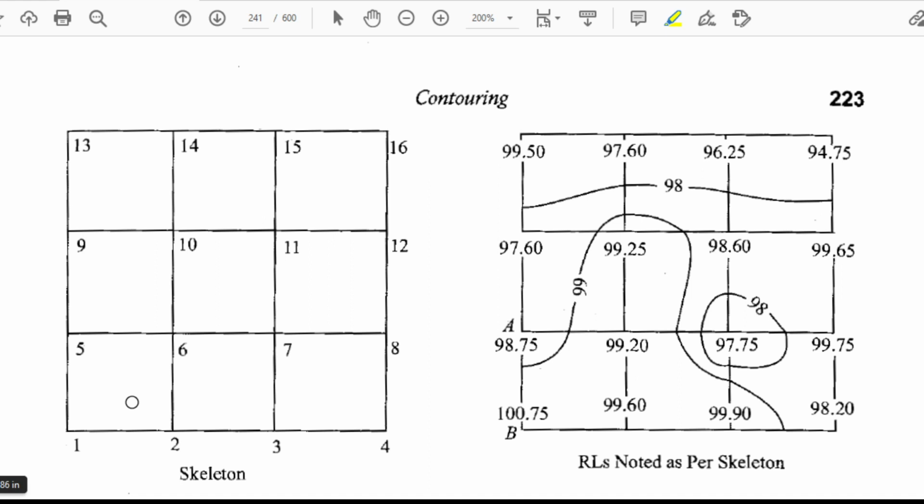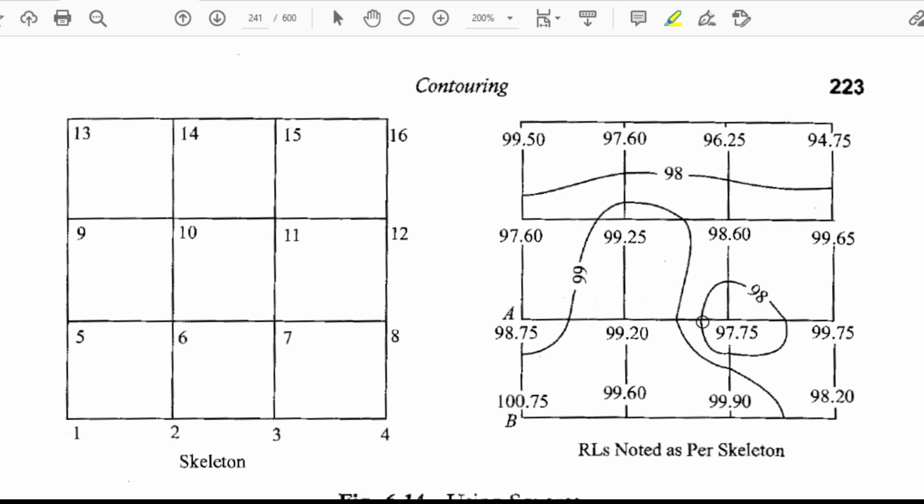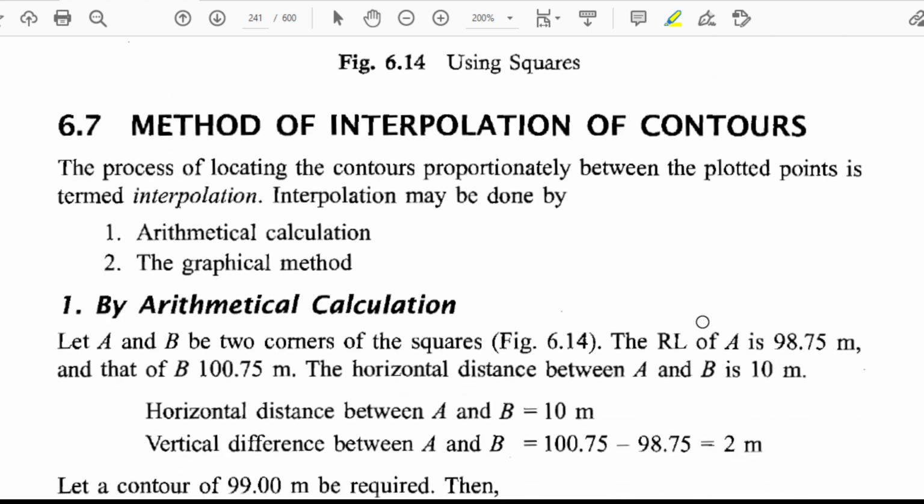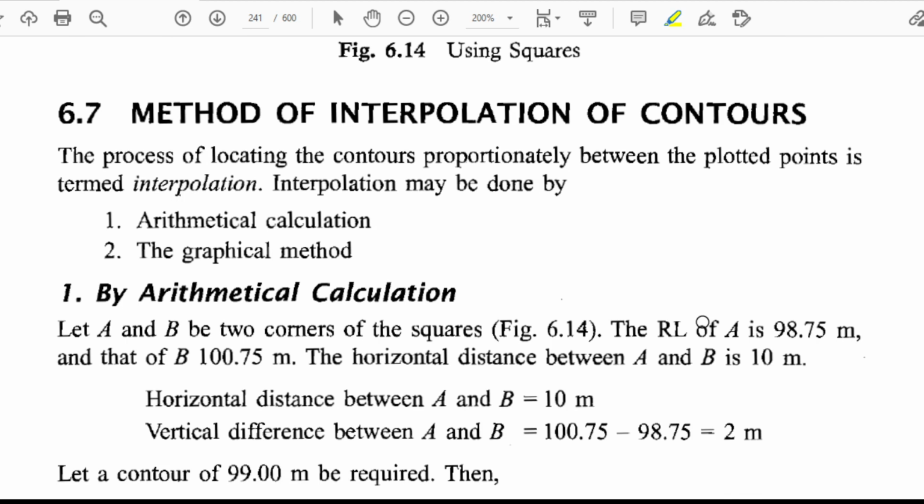The squares are numbered at the corners, and along this the contours are drawn. Now interpolation of contours is of two ways: first is arithmetic calculations and second is the graphical method.